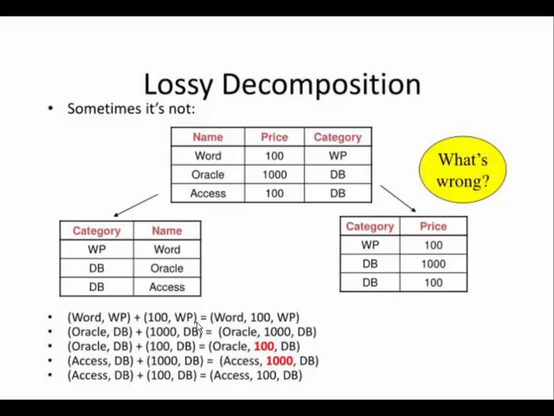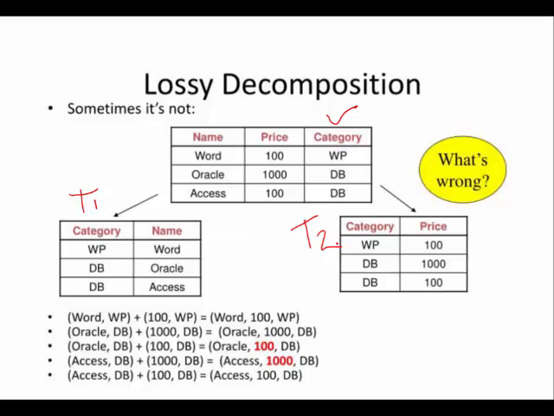Then we will try to decompose it again into 2 tables. The intersection of the attributes is the category attribute. So table 1 consists of category and name attributes, and table 2 consists of category and price attributes.